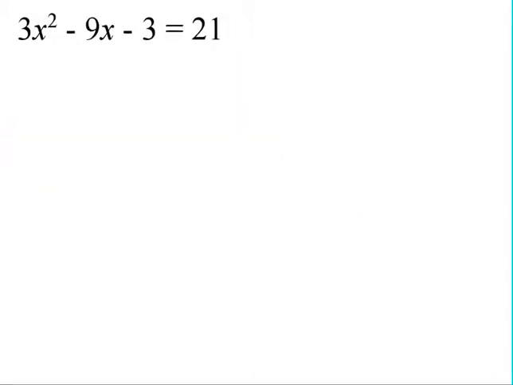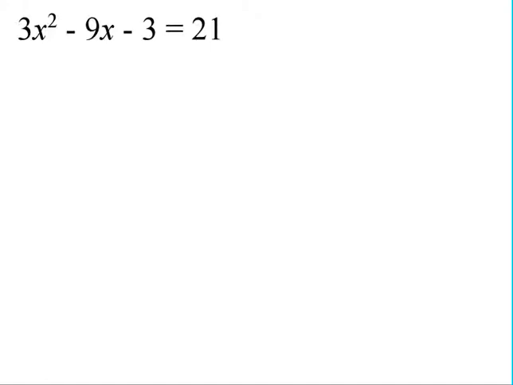3x squared minus 9x minus 3 equals 21. So I want you to do for me the very first step. Go ahead and do the very first step. What do I get on the very first step?